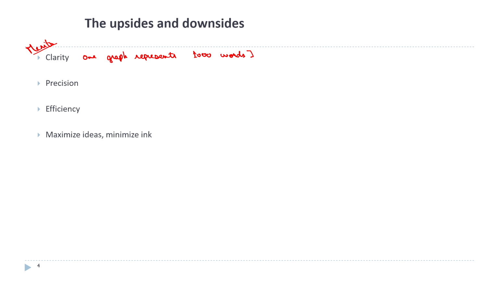So, when we look at a chart, we very quickly see the trends and outliers in it. The precision is also one of the advantages. In data visualization, what specifically is the purpose?